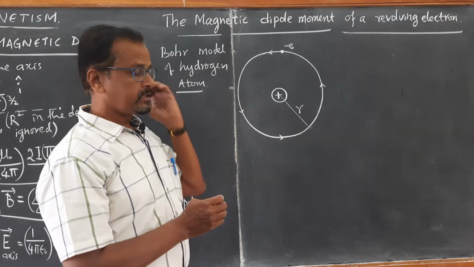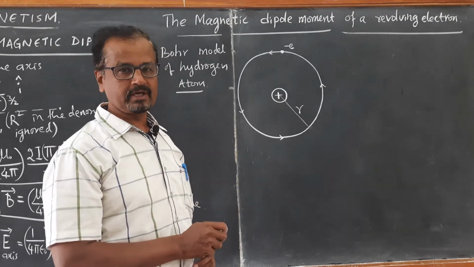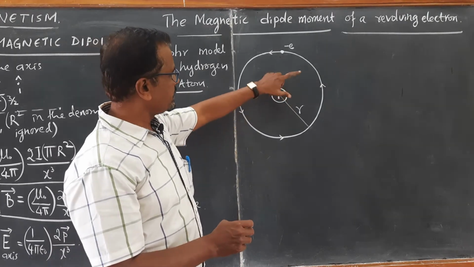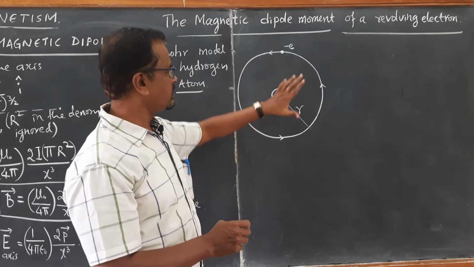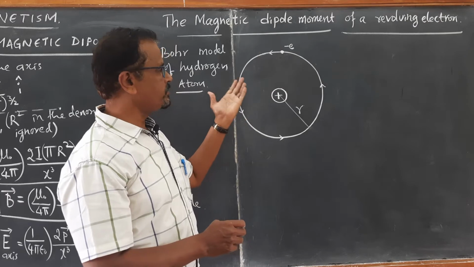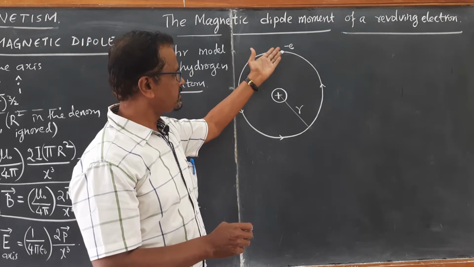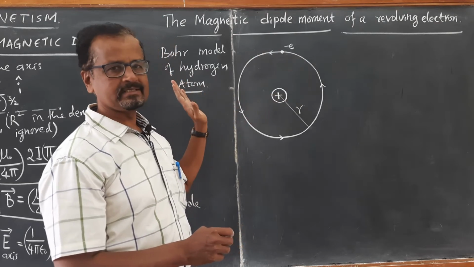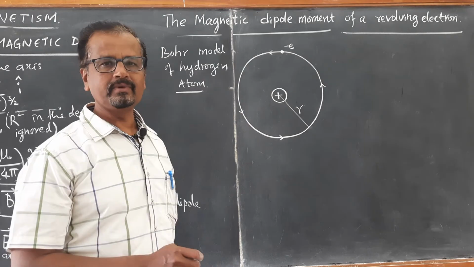Here the conventional current is the equivalent positive charge. Now we are considering the electron revolving in the anti-clockwise direction, so the current will be considered as the same amount of positive charge, plus e, moving in the clockwise sense, and then we can calculate the current.